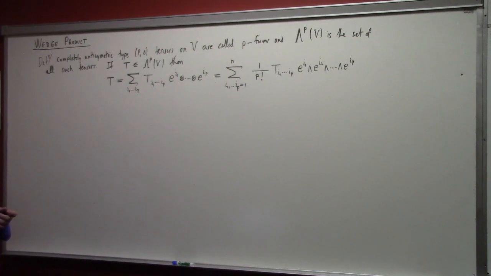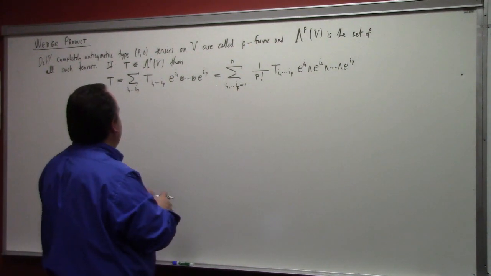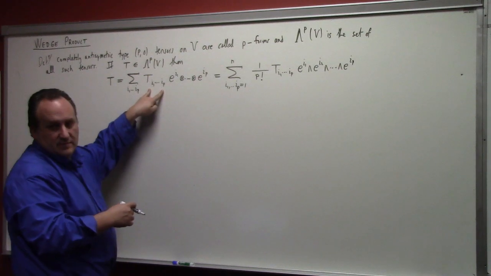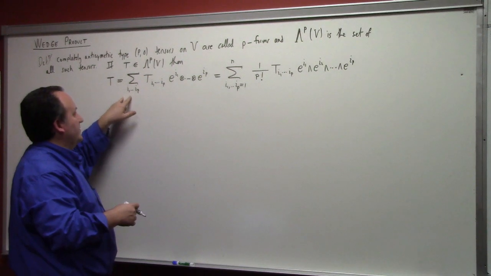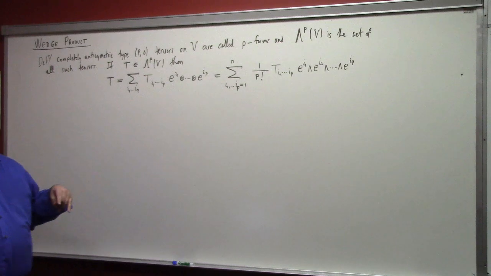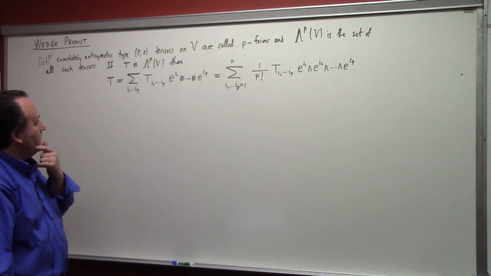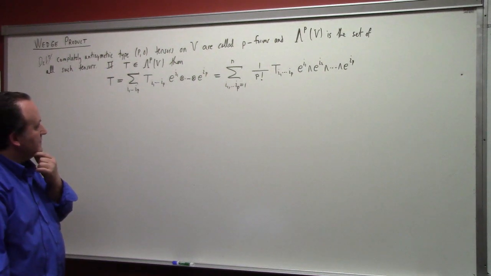To explain that, it's relatively simple. What's going on is that if you think about this, it's going over all indices I1 through IP, and there's P of them. Oh, how can I say this?